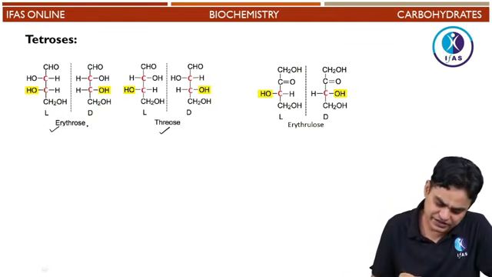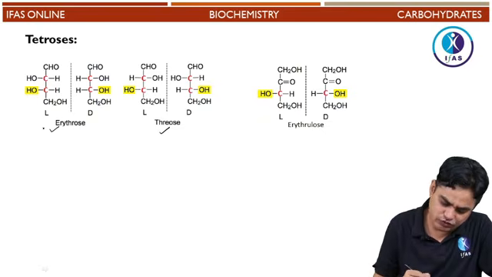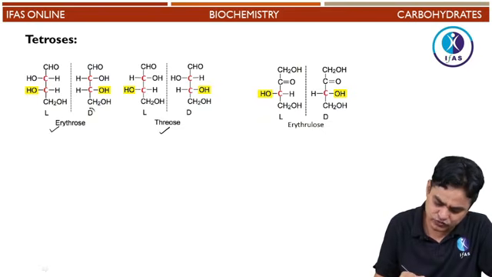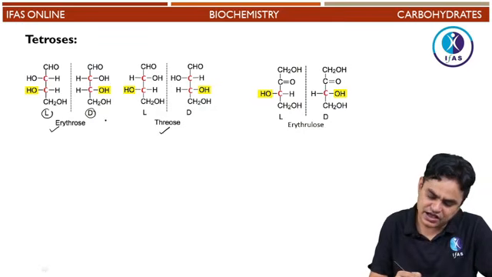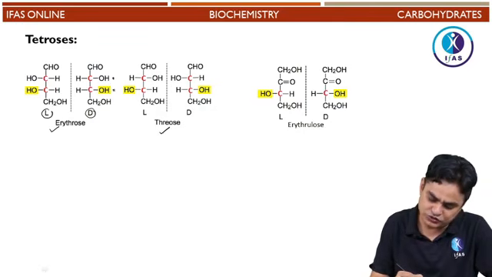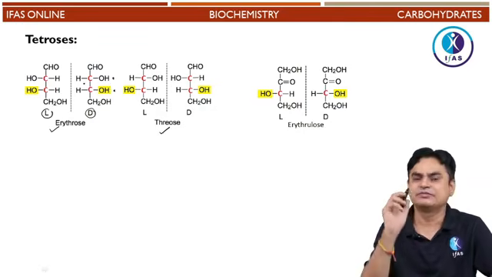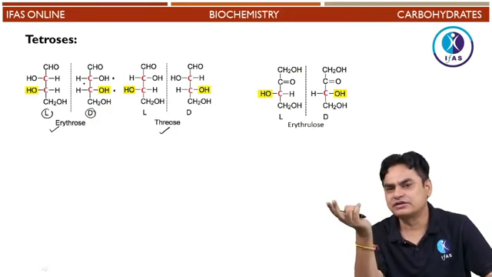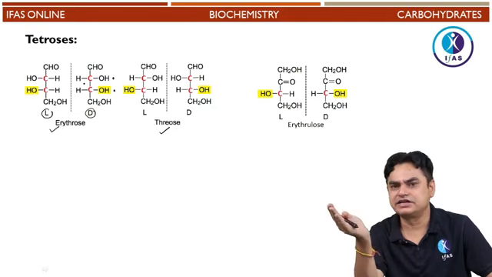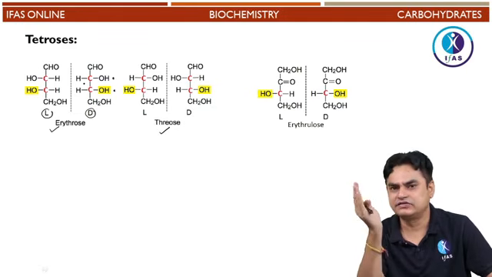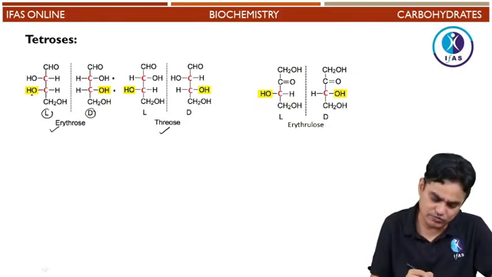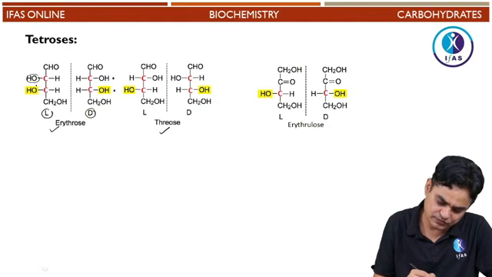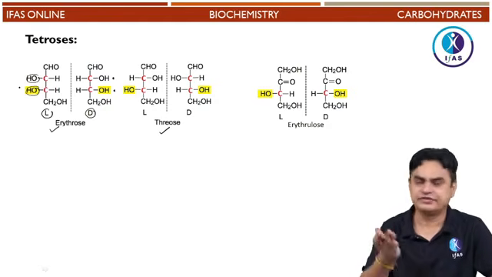For example, in erythrose again there could be 2 forms, D-erythrose and L-erythrose. In D-erythrose, both the OH groups on the chiral carbons, because now there are 2 chiral carbons, are on the right side, while in the L form both these OH groups are on the left side.